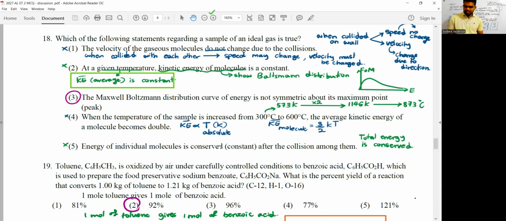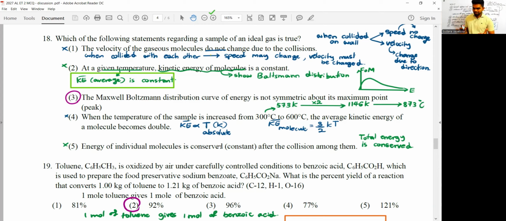If you need the Celsius temperature, just subtract 273 from that, then you will get 873. Understood? So my point is this: the average kinetic energy at 300 Celsius is doubled not at 600, it will be doubled at 873 Celsius. Okay, you need to do a small calculation and get it.